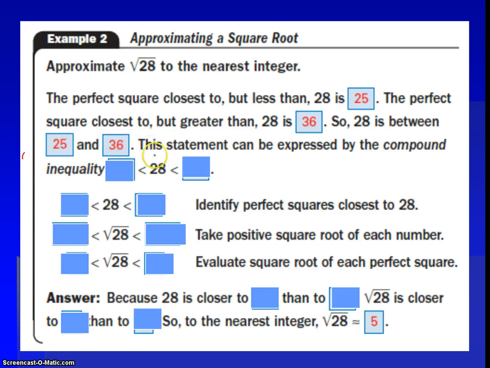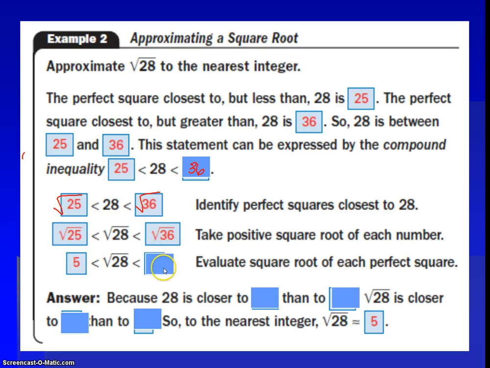Don't worry about this part. It's technically called a compound inequality. So what we're basically doing is finding the square root of 25 and the square root of 36. The square root of 25 is 5. The square root of 36 is 6.